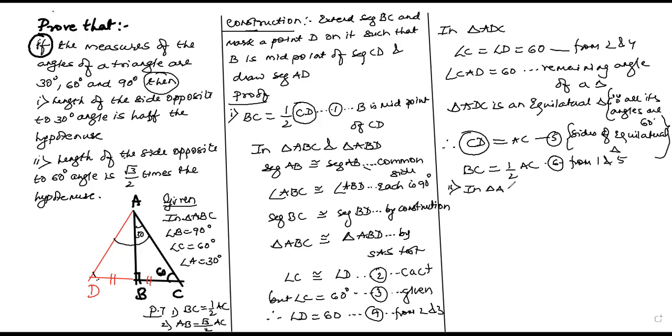Now, in triangle ABC, angle ABC is 90 degree, given to you. So can I use Pythagoras theorem, children? Therefore, AC square equal AB square plus BC square by Pythagoras theorem. Statement number 7.